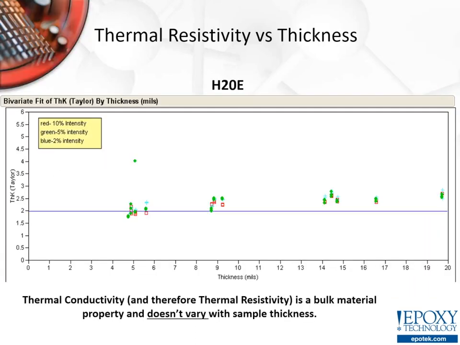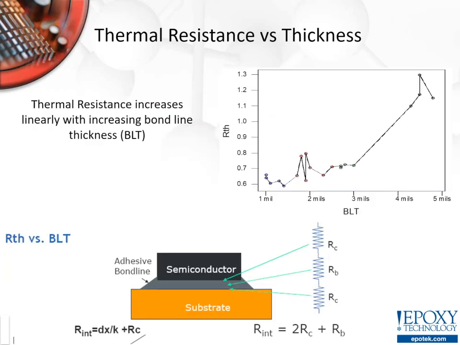One of the first things we noticed was that thermal resistivity does not vary with sample thickness. This will become critical as we continue to examine and determine the difference between a bulk thermal resistivity and an in-device thermal resistance. Thermal resistance, on the other hand, is influenced by bond line thickness.